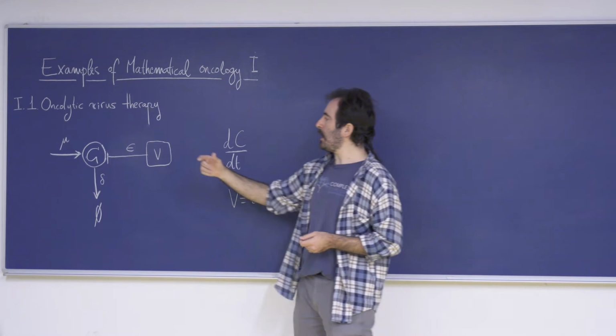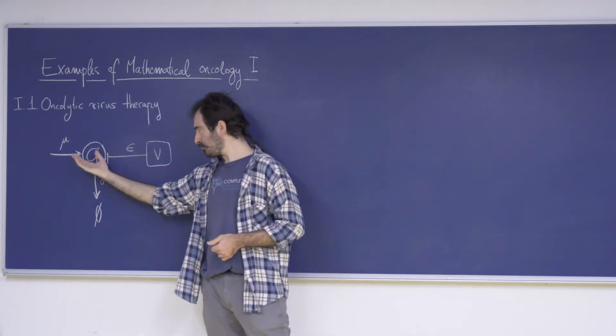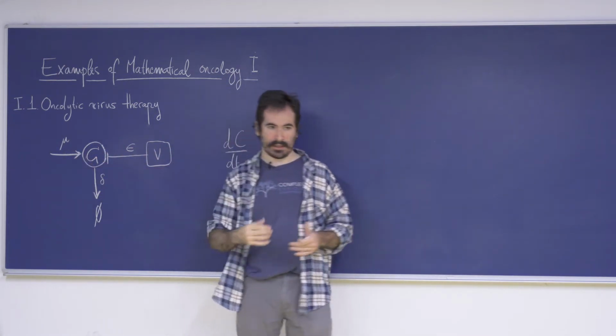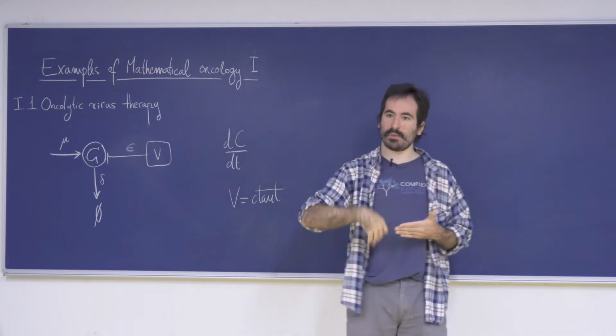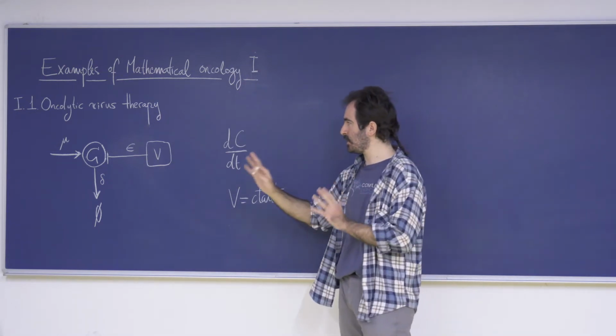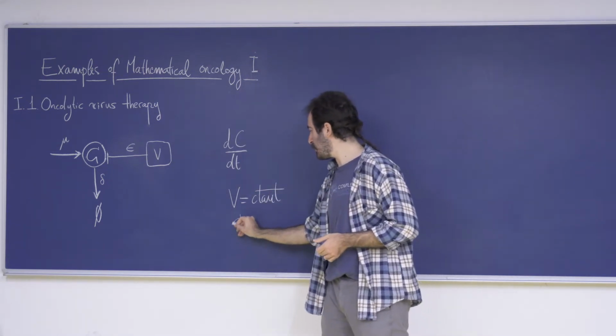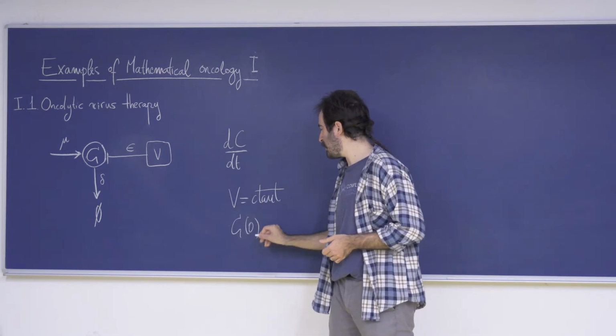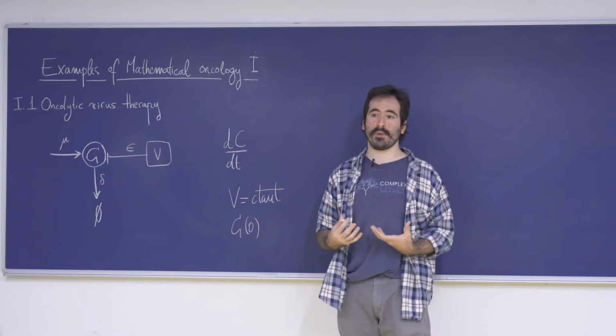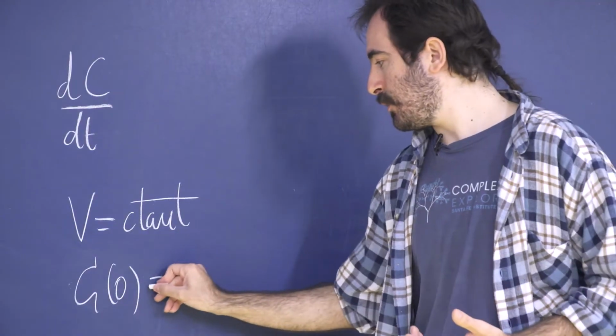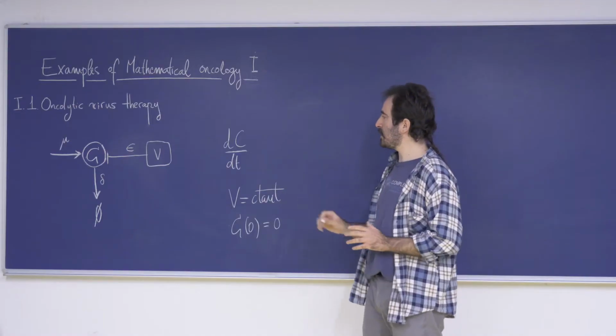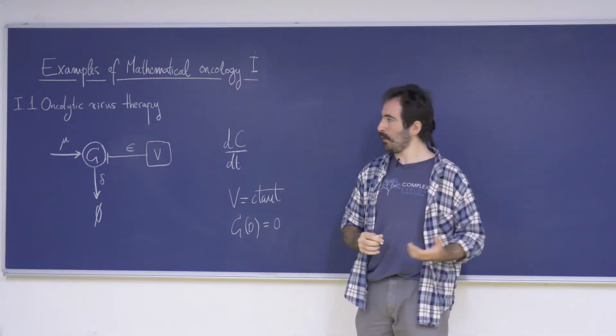Because there's a natural introduction rate for cancer cells, a rate at which I'm introducing cancer cells into the system, which is considered to be constant, we can also consider the situation in which the initial condition, namely the initial number of cancer cells, can be taken to be 0. And we are going to take these conditions along the whole problem.